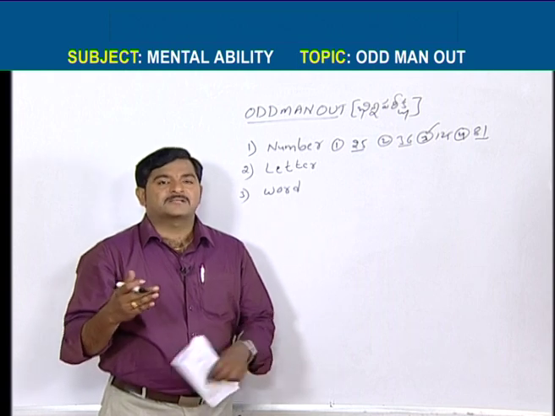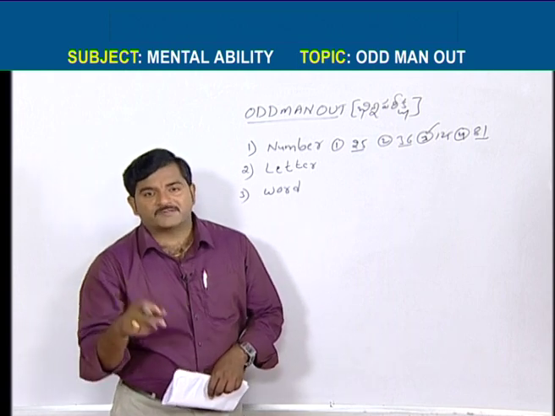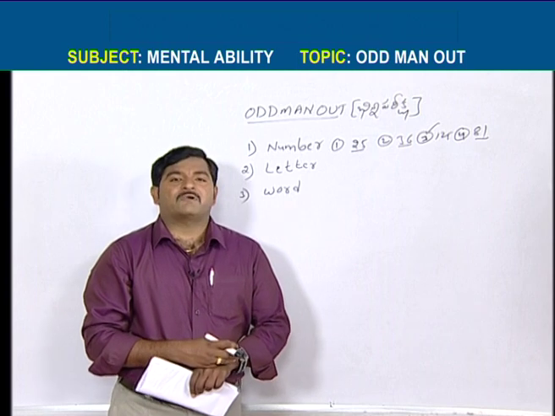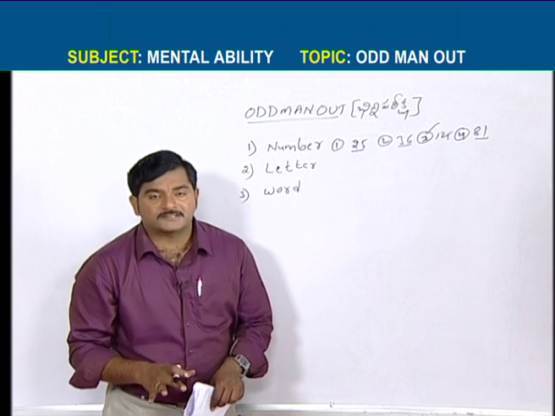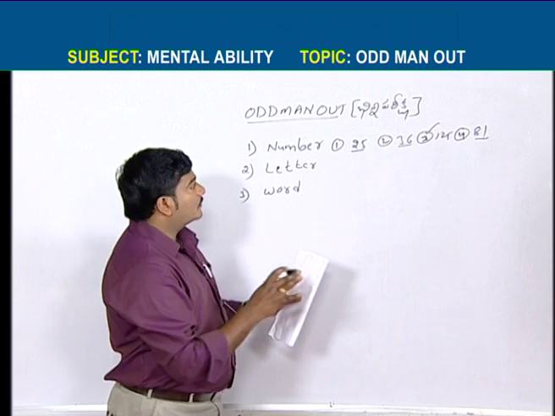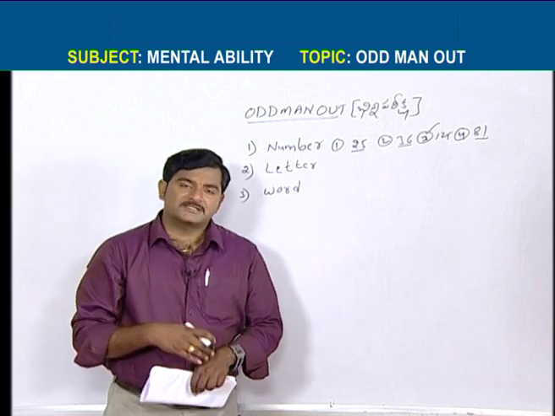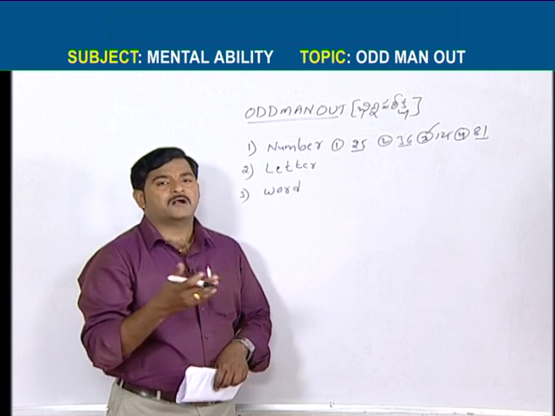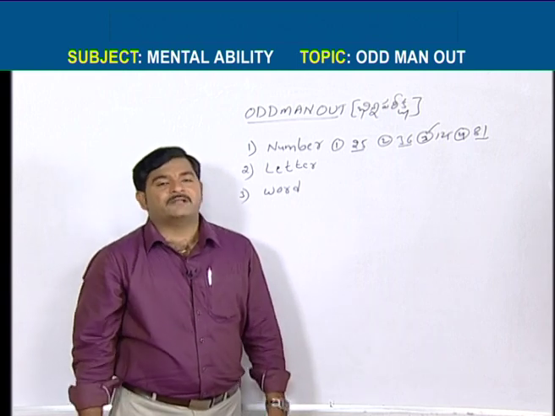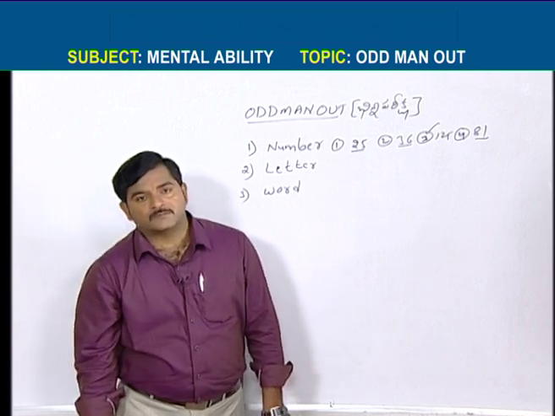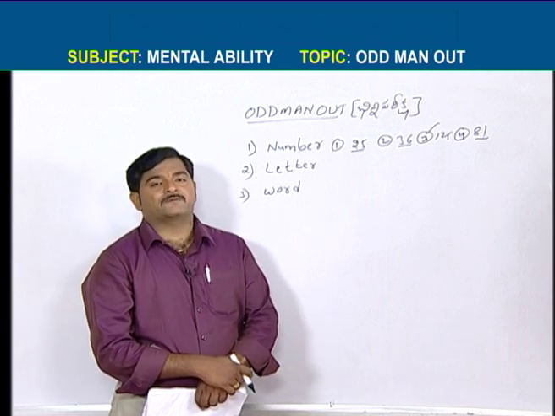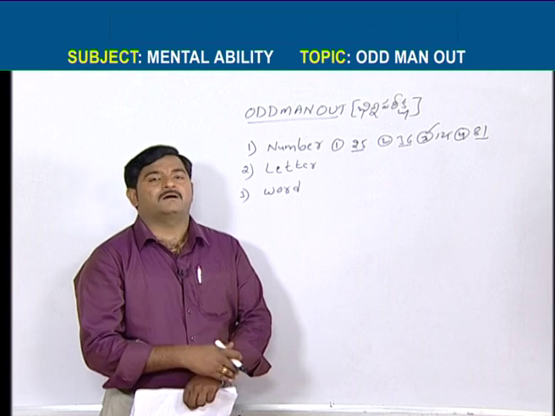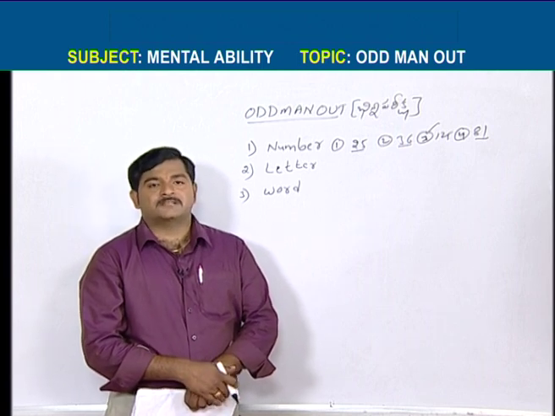The alternate concept, sum of the digits concept, and product of the numbers concept, all the concepts we discussed in number series in previous sessions, are used for number odd man out, and similarly for letter odd man out and word odd man out. Now let us start the questions on number, letter and word odd man outs.